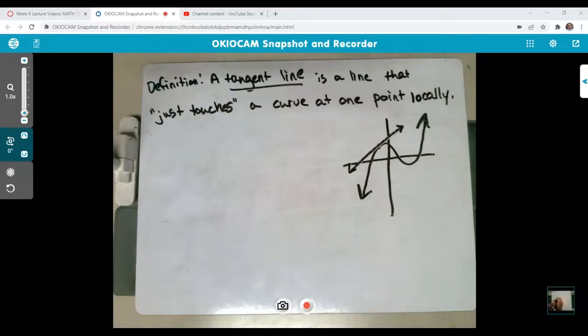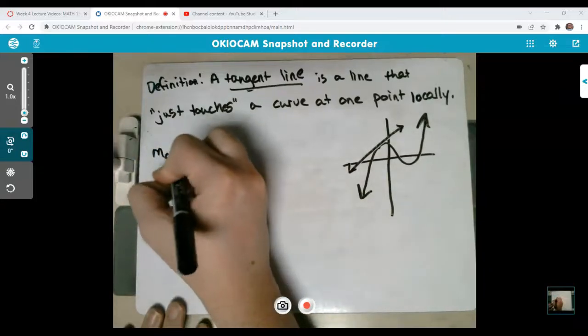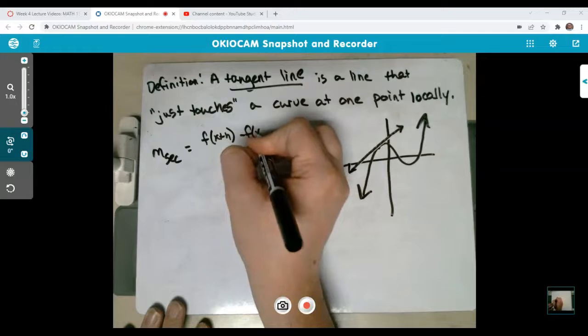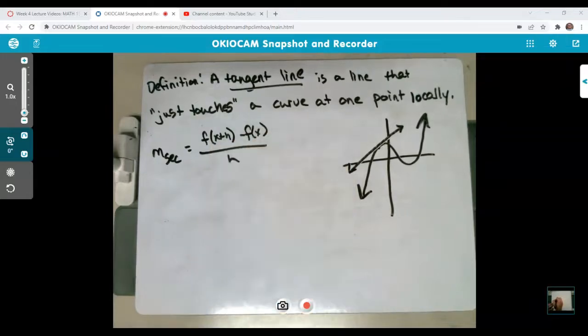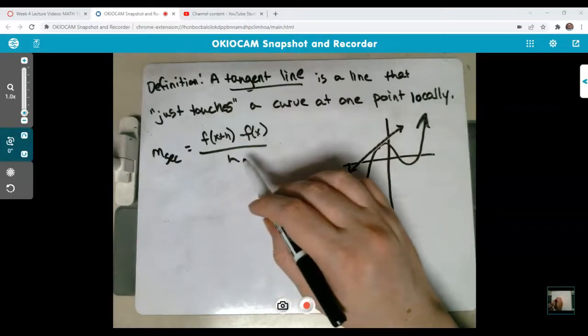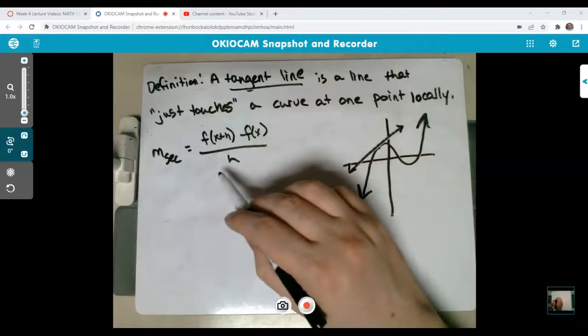So what I want to do is use the slope of a secant line to figure out what the slope of a tangent line is. So remember, we just said the slope of a secant line is f of x plus h minus f of x over h. Now, if I'm only passing through 1 point, h would be equal to 0, but we can't divide by that, so it doesn't make sense to plug that in.